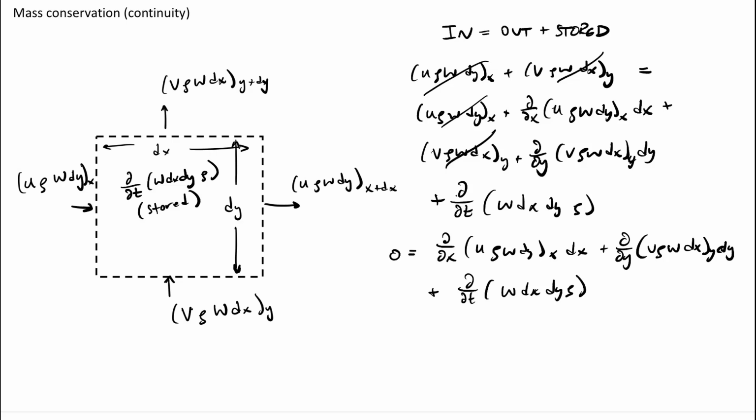Now if we make some assumptions, first of all, dx and dy are in every term, so those can get canceled out. W gets canceled out too. If we have a fluid that's incompressible, meaning density is not changing, then rho can also get canceled out.